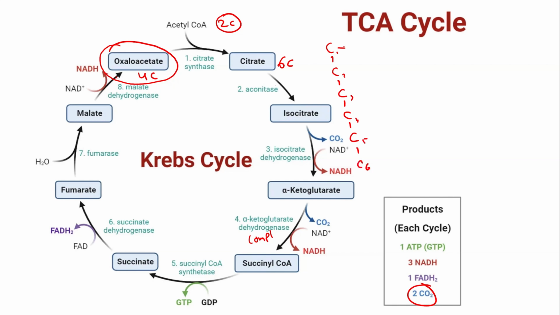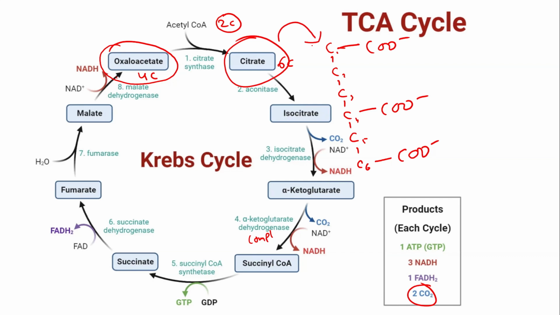In that, citrate will have carboxyl groups like this. I'm just focusing on the carboxyl groups. There will be 3 carboxyl groups in the citrate, and that's why it is called the TCA cycle.